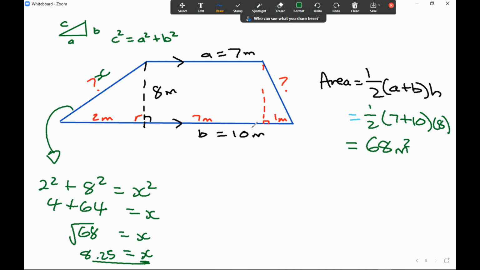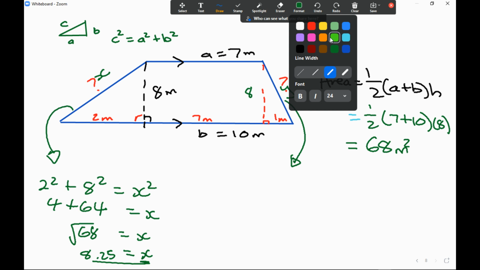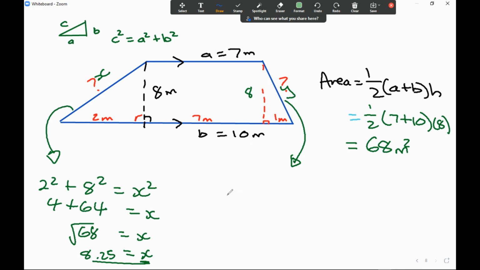Okay. So this one here, this is 8 and this is 1. Do you want to try and do that here? See if you can get this one. Let's call this one y. So 1 squared plus 8 squared.